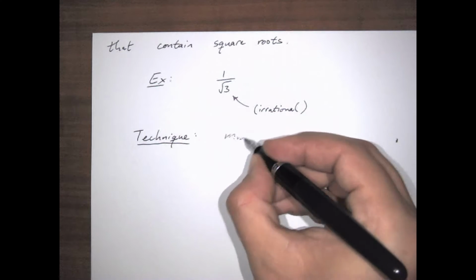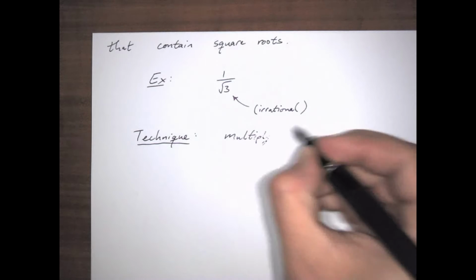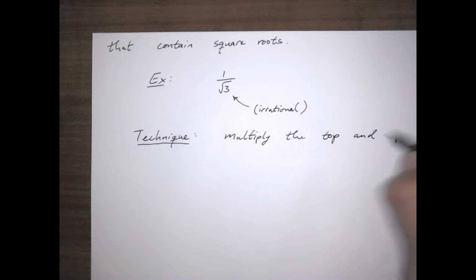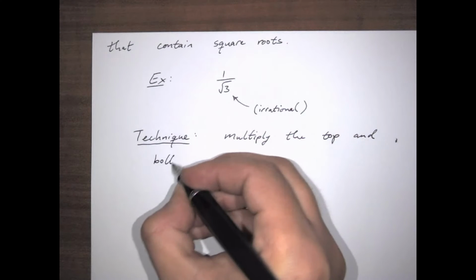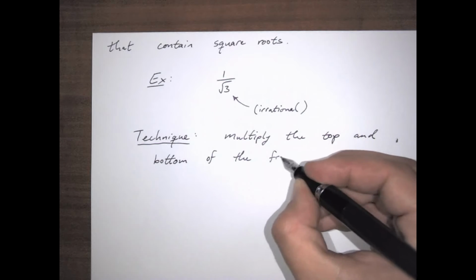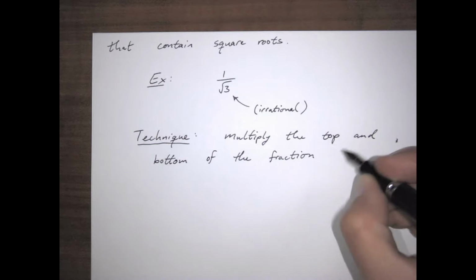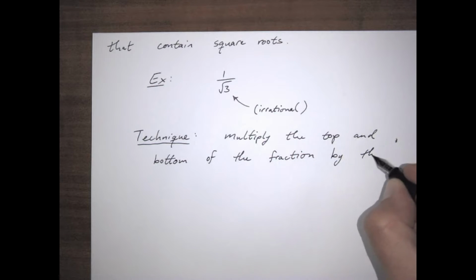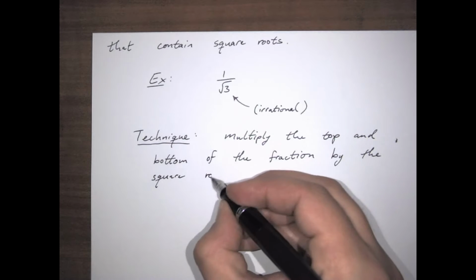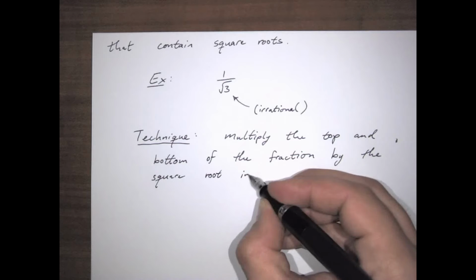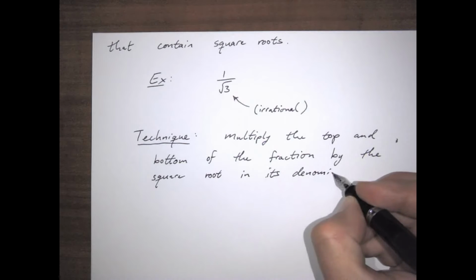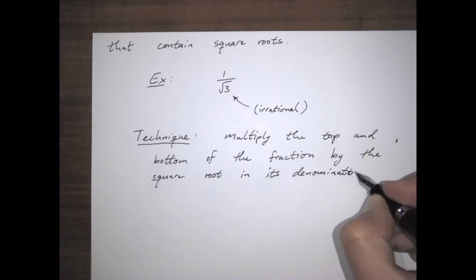Multiply the top and bottom of the fraction by the square root in its denominator.